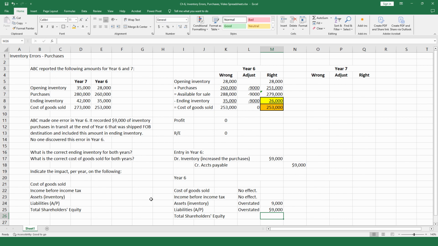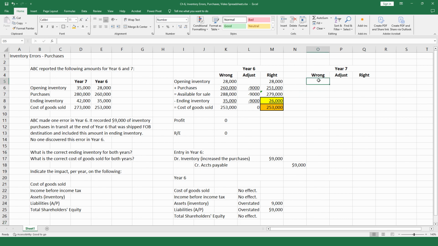We shouldn't have recorded the credit to accounts payable because we didn't owe it. Total shareholders' equity, well, since profit is not incorrect and since retained earnings are not incorrect, there's no effect on total shareholders' equity. All right, let's move over to year number 7.